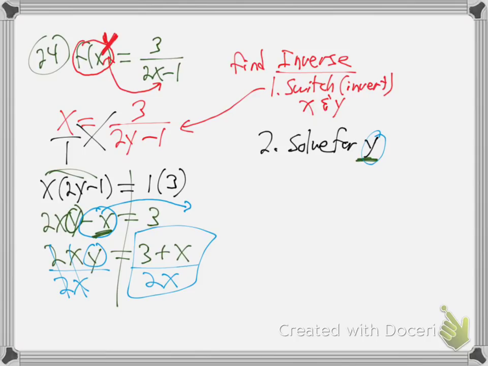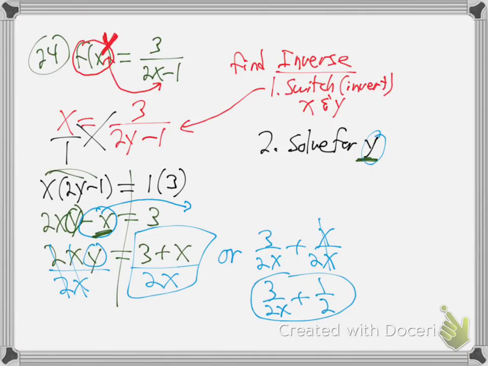That's the inverse function. Or, let me mention another way you can write that: you could separate both of those over the 2x. It's good either way. And if you do the second way, these will cancel. So that'd be 3 over 2x plus a half. That's the same answer. Both those are good. We can't cancel these x's back here because of the plus sign on the top.